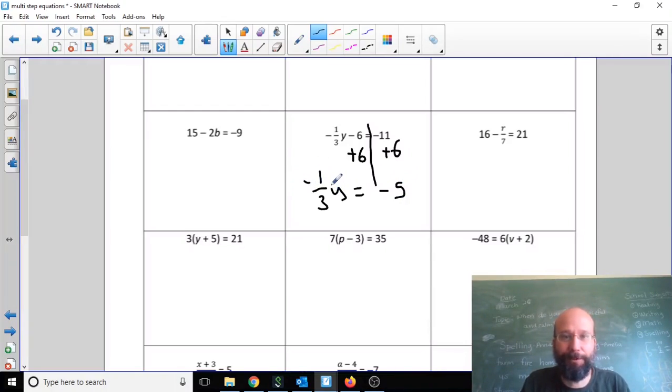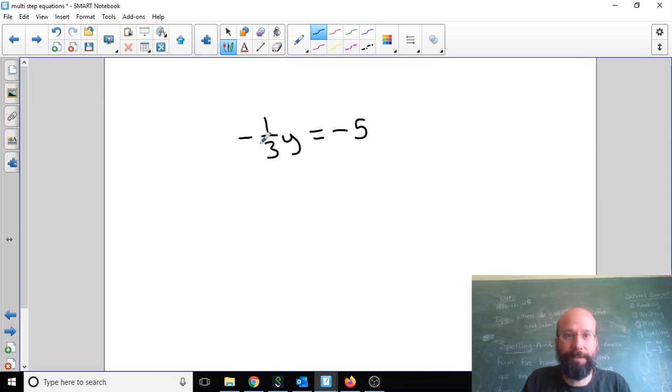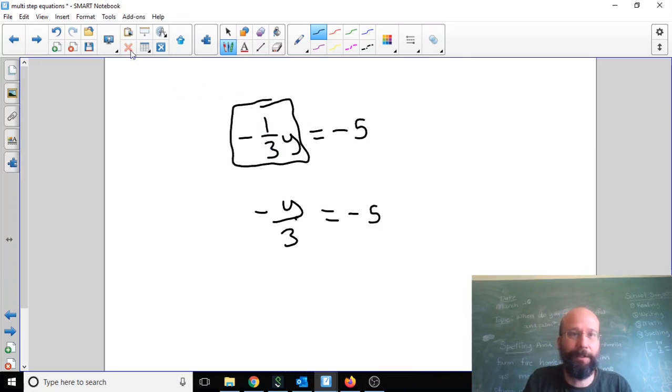This negative 1/3 y equals negative 5. This is the same thing as negative y over 3 equals negative 5. So you can think of it like this, or you can think of it like this. Either one is right. Let's think of it like this for now: the bottom number of a fraction, and move it over.